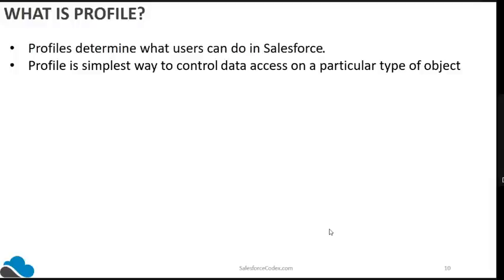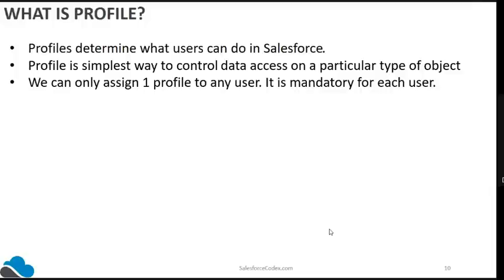But the basic criterion is that we have to set a profile first. Then only at a later stage can we enable or add those permission set groups or other features. We can only assign one profile to any user. It's mandatory for each user. We can assign only one profile, and basically for each user this is mandatory.